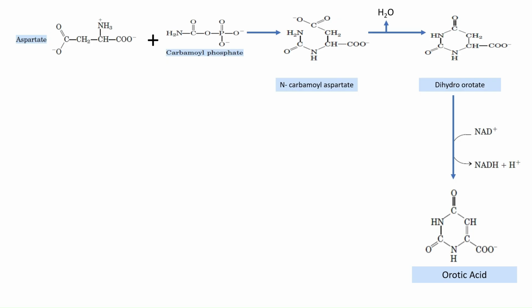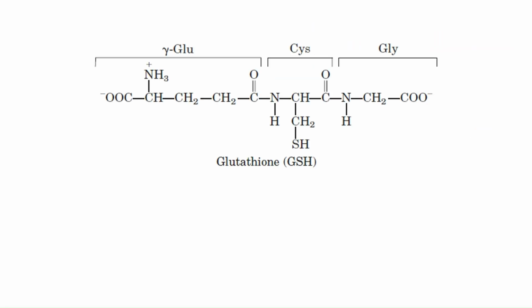Now, orotic acid is an intermediate product in the synthesis of pyrimidine rings. So, again, we can see here that aspartate is also used as a precursor in the synthesis of orotic acid. So, we have covered options A, B, and C. Now, about glutathione.